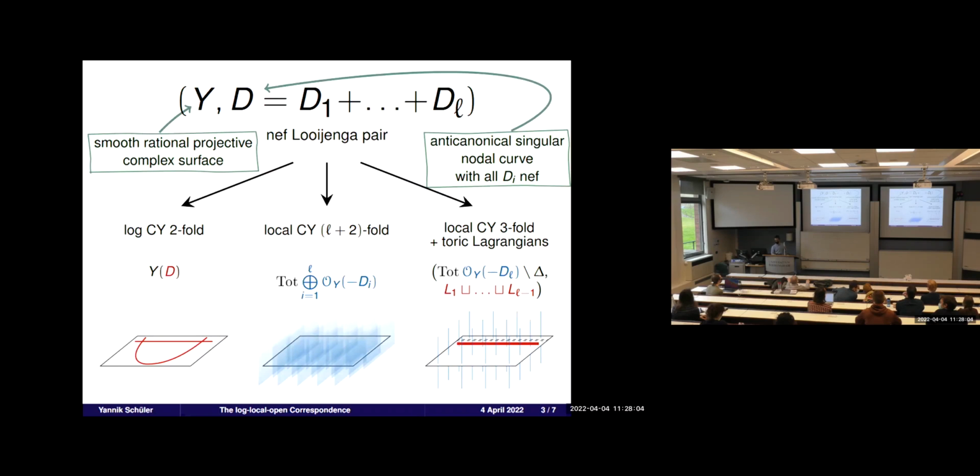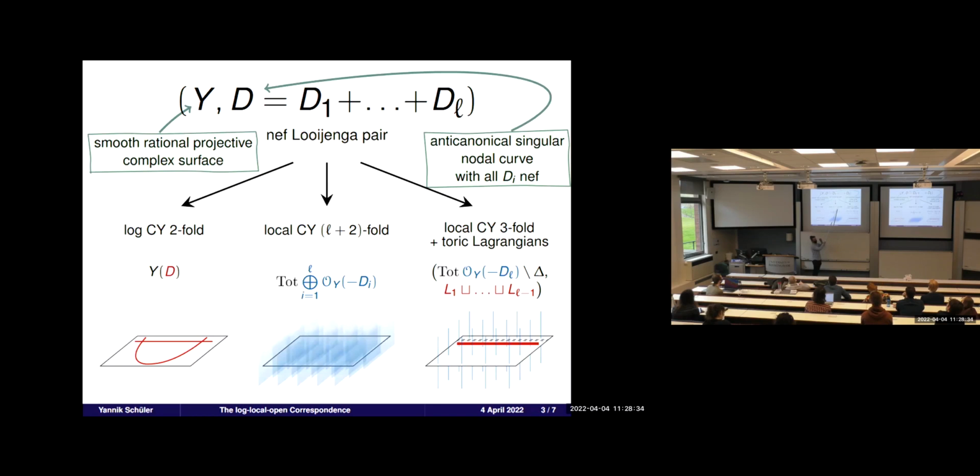Before we proceed, I should tell you what the three geometries are in the general case. If we have an L component pair, then in the middle, we take the direct sum of all line bundles coming from these divisors. So every fiber over a point is L-dimensional.